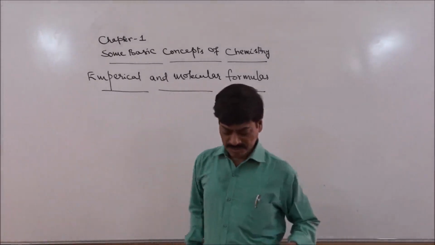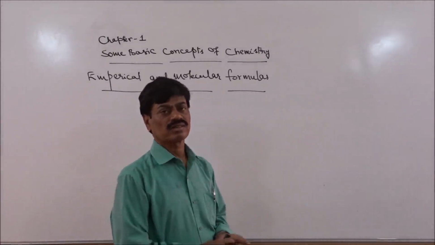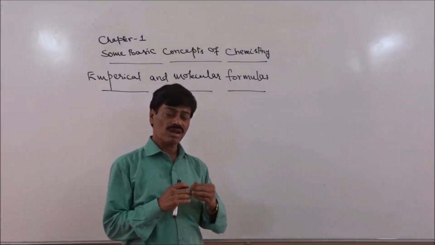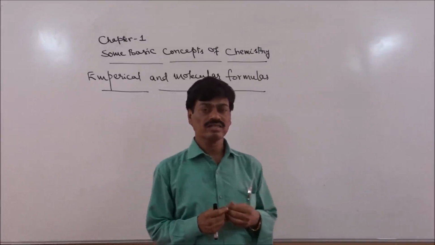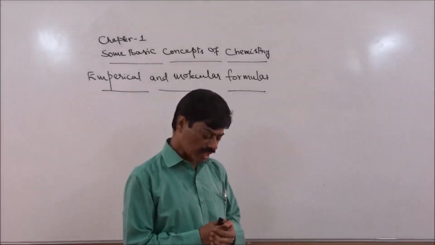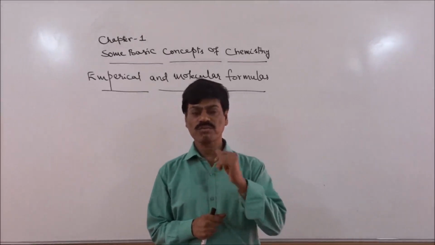Suppose, children, we consider these empirical and molecular formulas. When we know empirical formula mass and molecular formula mass, in that case we can calculate the integer, that is n. That is the first point.